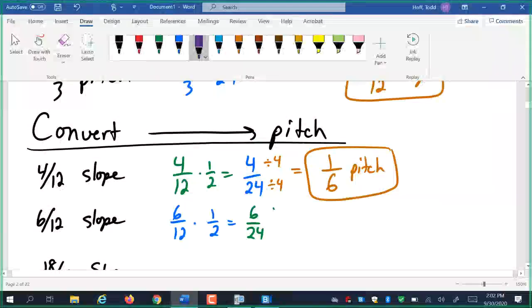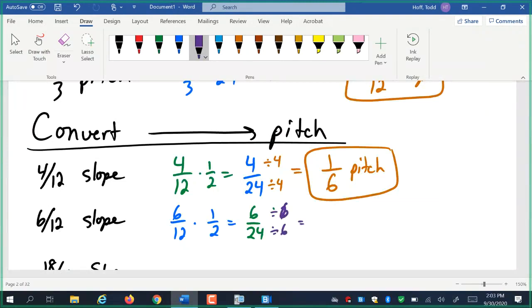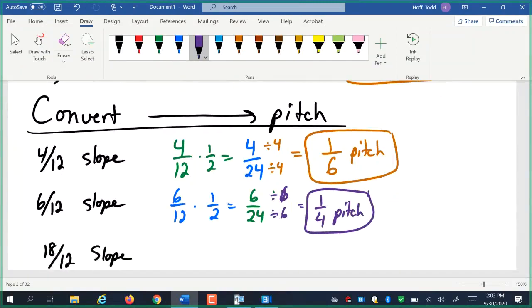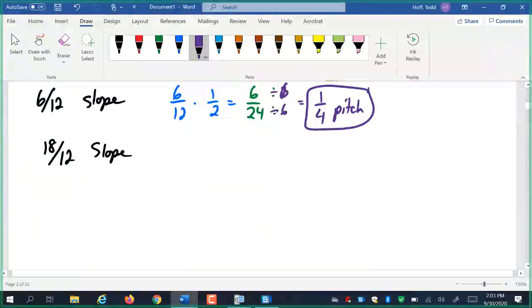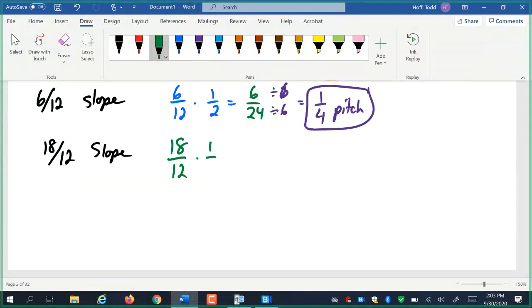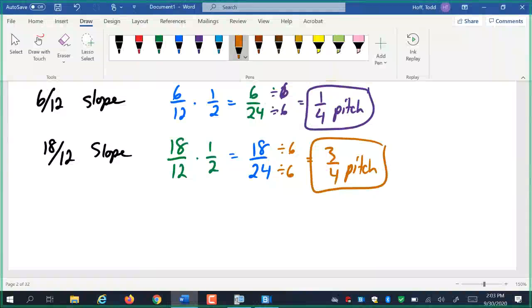To reduce that, both of those can be divided by 6, giving us a 1/4 pitch. 18/12 slope. Again, we multiply by 1/2. Gives us 18 over 24. Both of those can be divided by 6, giving us a 3/4 pitch. Any questions?